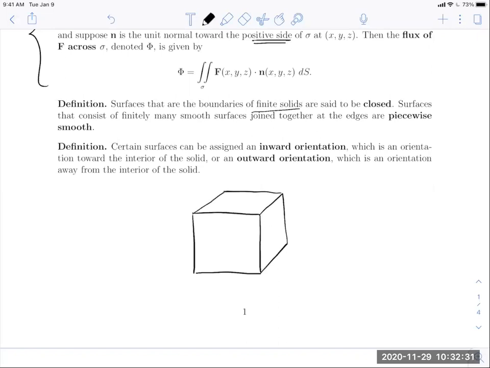And I'll also indicate the back of the box here. All right, so we can see that this is a closed surface because it's bounding a finite amount of volume. It's also piecewise smooth because each of these 6 planes are smooth planes, and then they're joined together at edges. So this is a closed piecewise smooth surface.